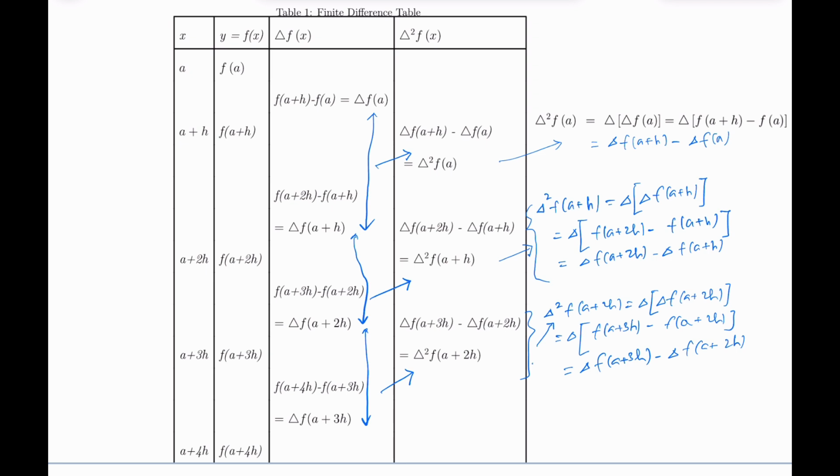Okay. Now take the first difference of these two. This is f(a+2h) − f(a+h). f(a+2h) − f(a+h) is simply equal to Δf(a+h). Okay, this is by definition. Δf(a+h) is f(a+2h) − f(a+h).